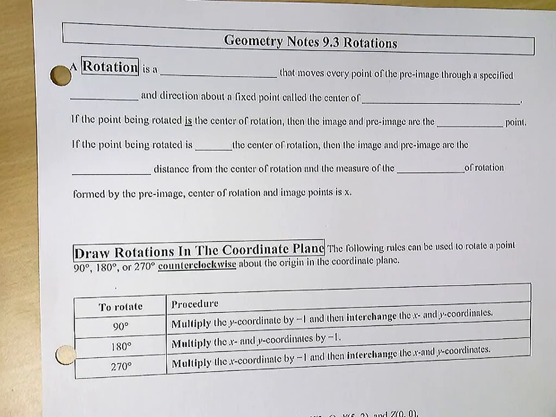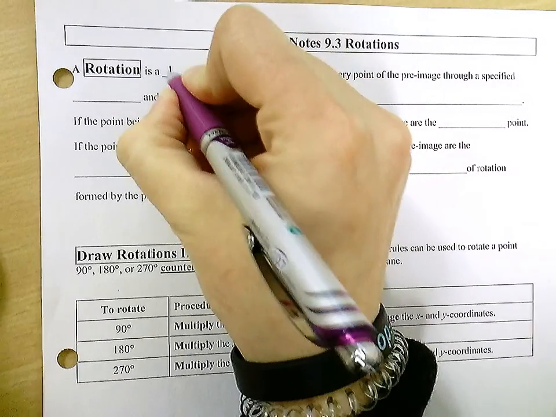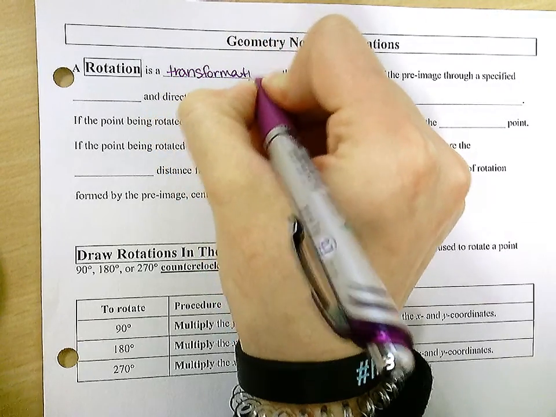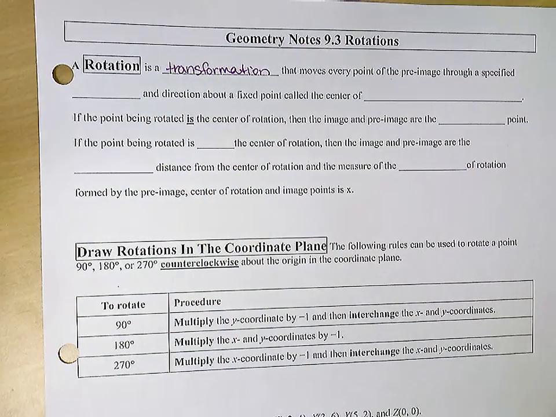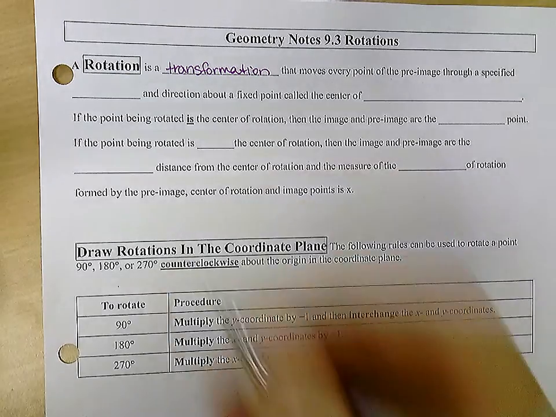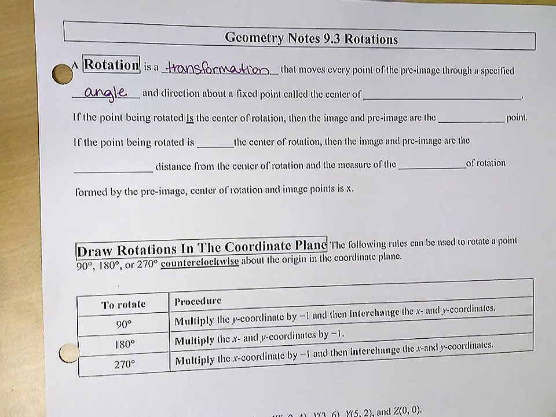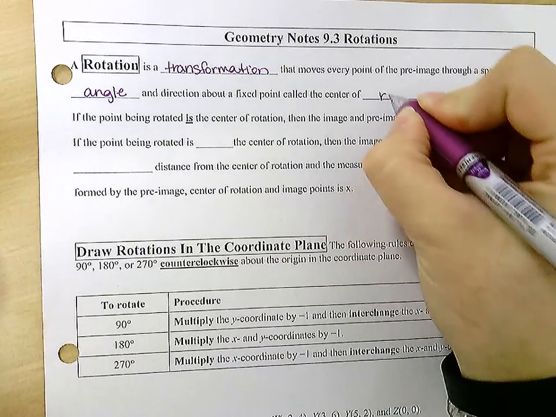So today we're going to go over rotations. Again, it's that third type of transformation we talked about on Friday. A rotation is a transformation that moves every point of the pre-image through a specified angle and direction about a fixed point called the center of rotation.